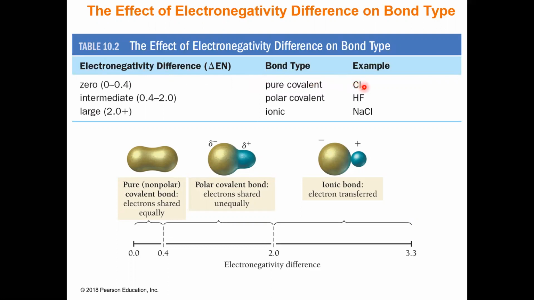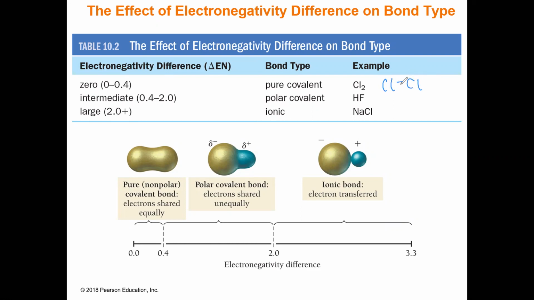So for example, Cl2. If we were to draw out Cl2, and then of course fill in the lone pairs around your terminal atoms, which are both of the chlorines, we would see here that we would have the same electronegativity toward this chlorine and the same electronegativity toward this chlorine.